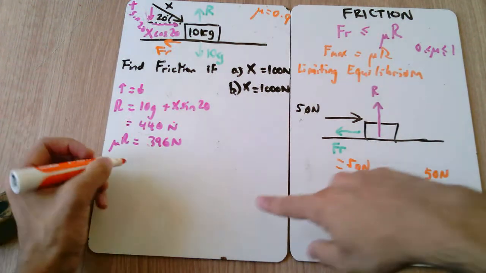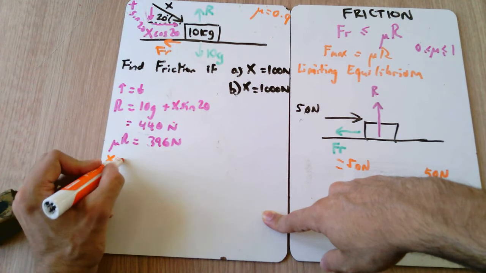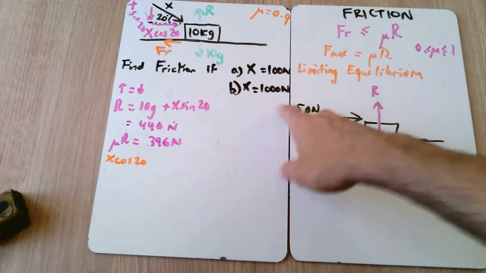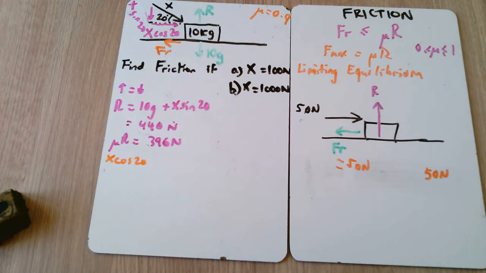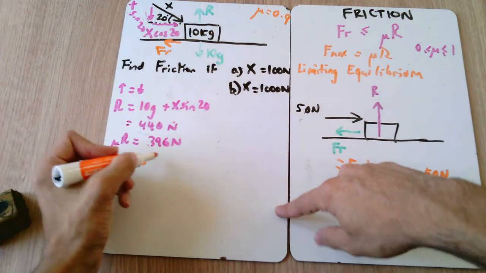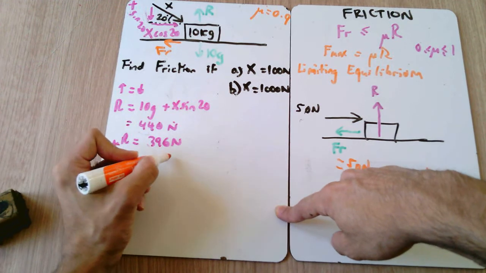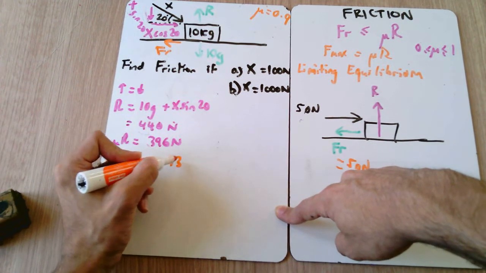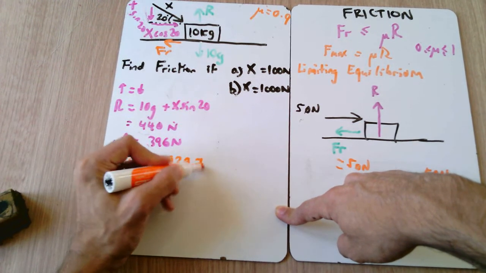So if we work out the value of x cos 20, or 1,000 cos 20, it is equal to 939.69 or 939.7 newtons.